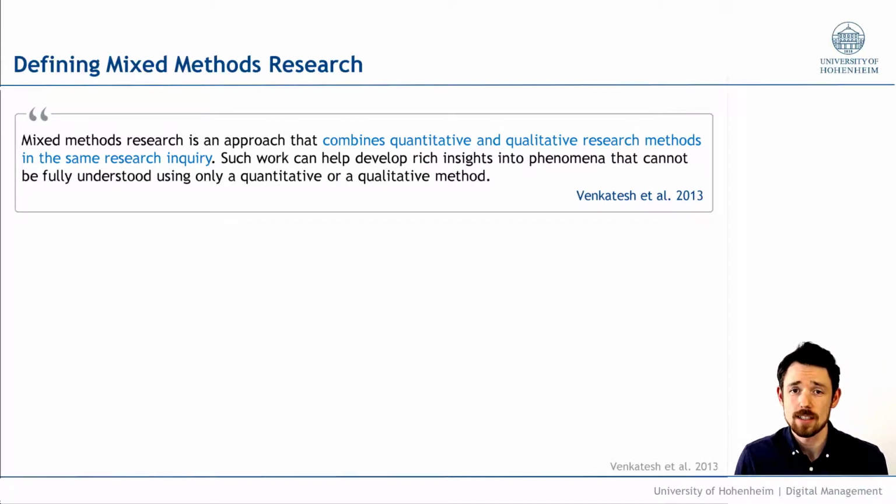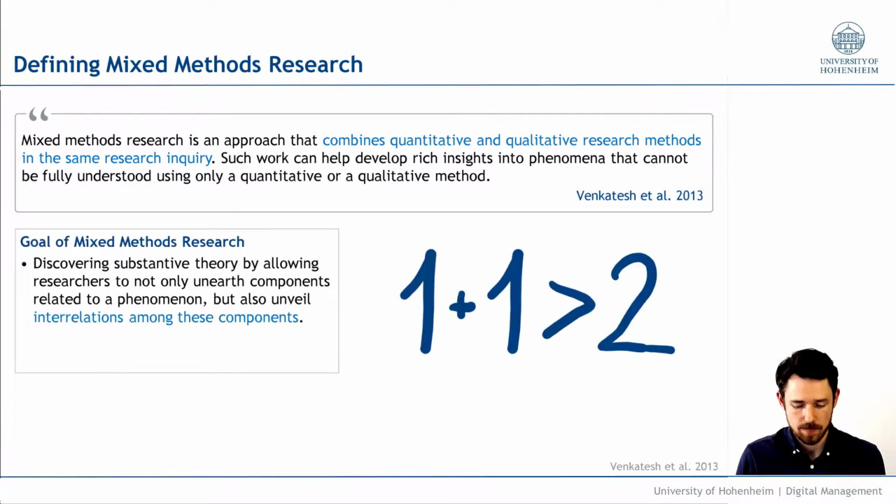Now that sounds reasonable, but what are such instances? Well, let's look at the goal of mixed methods research. The goal is to discover substantive theory by allowing researchers to not only unearth components related to a phenomenon, but also to unveil interrelations among these components.